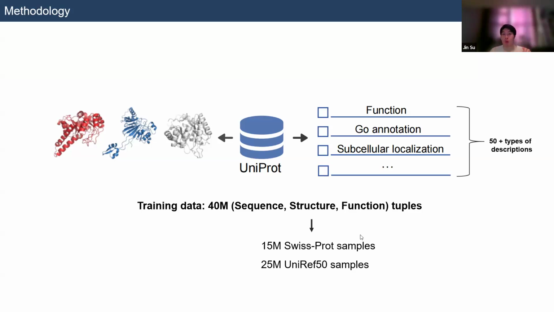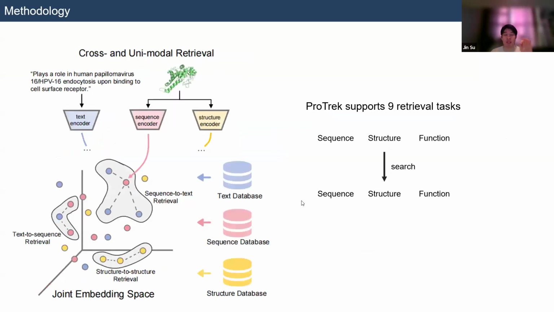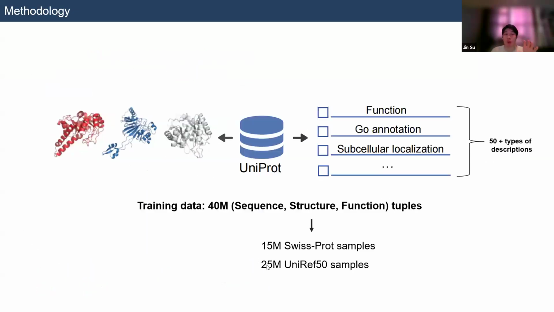When we have a ProTrek model, we compute the ProTrek score, because ProTrek can do retrieval: it can give a score for a protein-text pair. So we calculate all protein-text pairs in the UniProt 50 sample database, and we set a threshold.